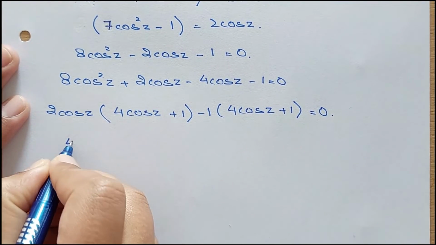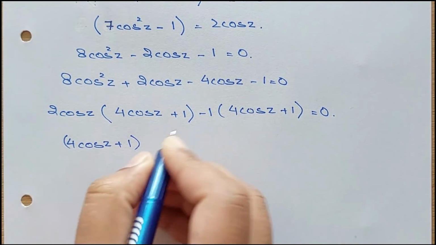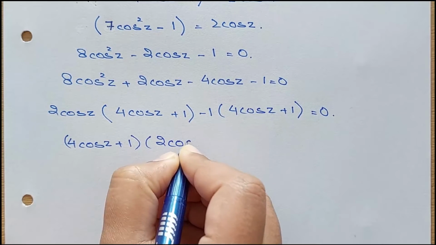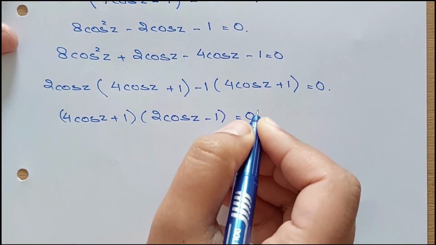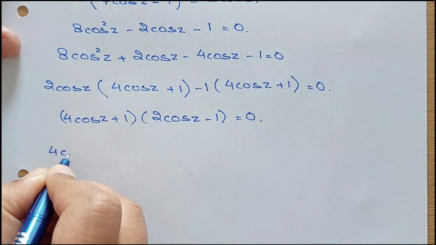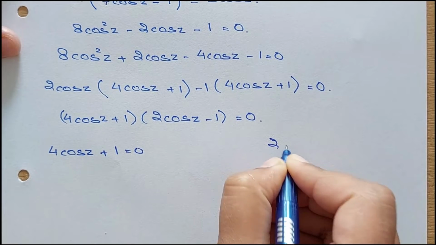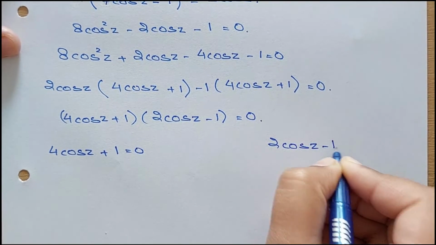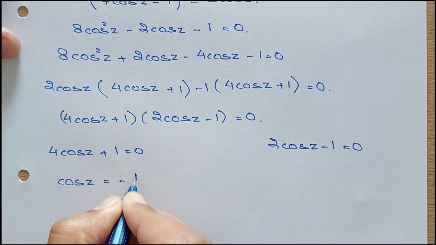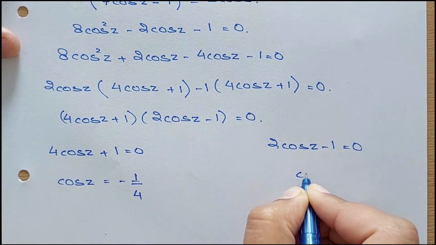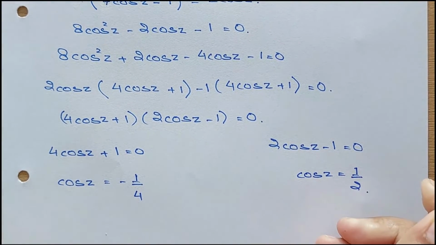The two factors are 4 cos z plus 1 and 2 cos z minus 1, equal to 0. Let me put both factors separately equal to 0. From here 4 cos z plus 1 equals 0, and 2 cos z minus 1 equals 0. So cos z equals minus 1 by 4, and from here cos z equals 1 by 2, right?